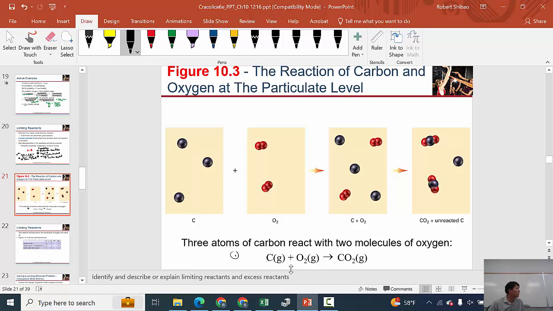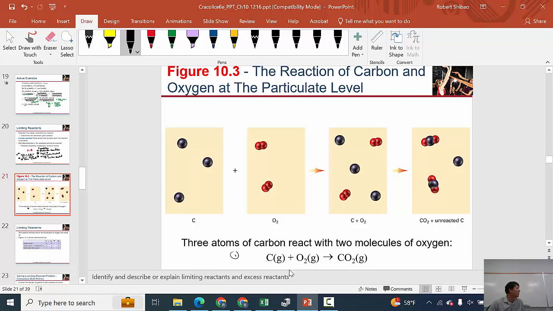Carbon's normally a solid, so they vaporize it using a laser or something, which you can do. You can vaporize carbon atoms off, let's say, graphite using a laser. And so now we have these carbon atoms in the gaseous state. And how many O2s do we have? 2. Is that enough?